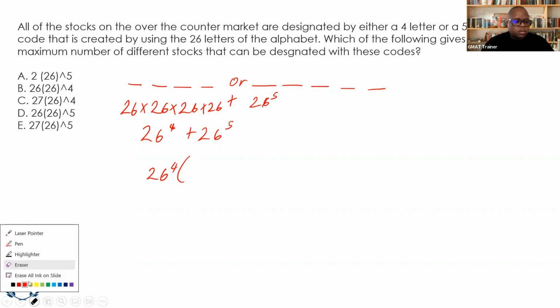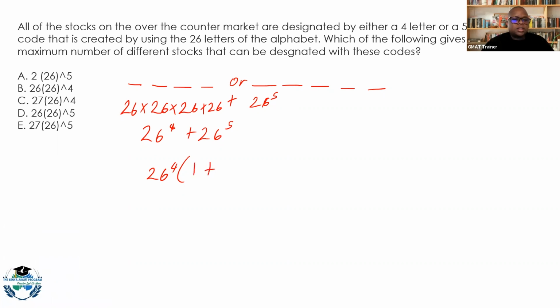So 26 raised to power 4 in brackets will have 1 plus 26, because if you add the powers, we should have 26 raised to power 5 and 26 raised to power 4 outside. This reduces to 26 raised to power 4 times 27, since 26 plus 1 is 27.